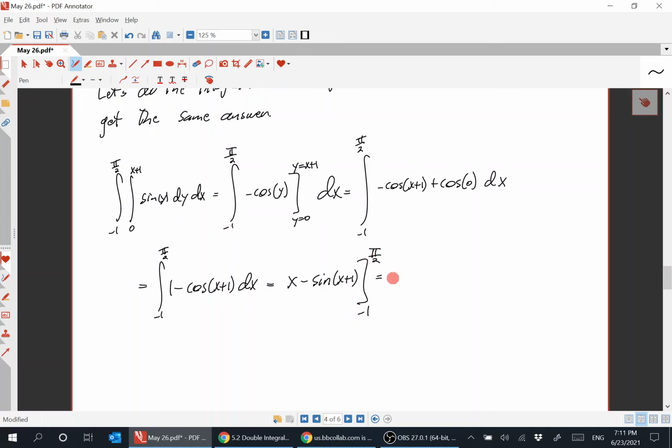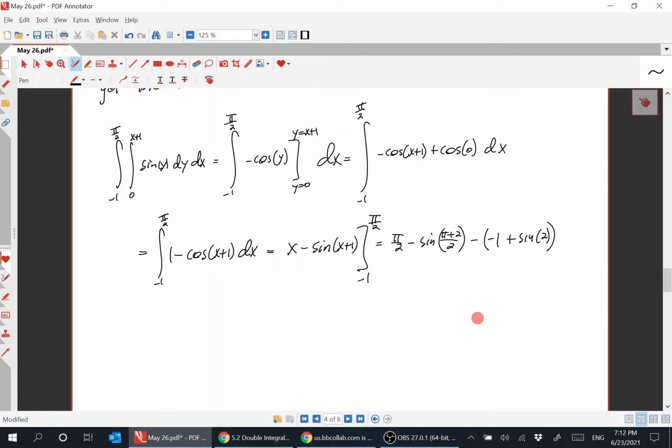So this becomes pi over 2 minus sine of pi plus 2 over 2. And then at minus 1, plus sine of 2.